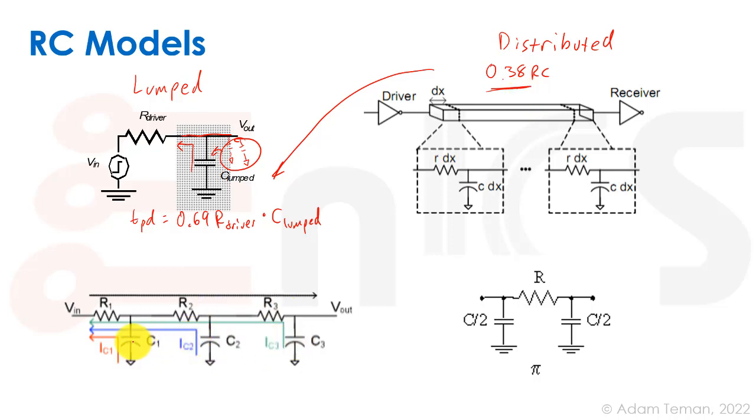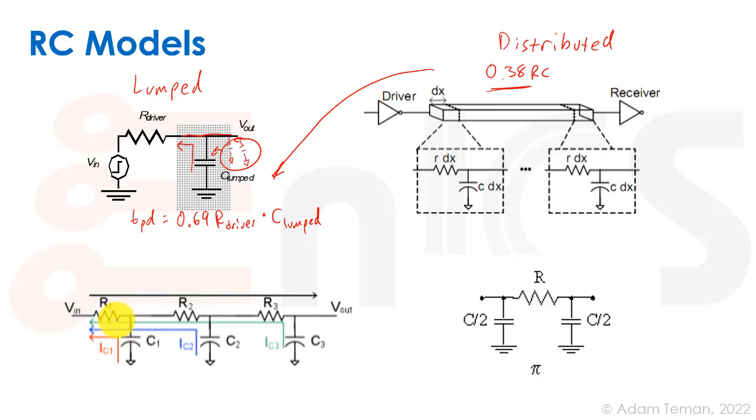The Elmore model. There we take each of the pieces of capacitors where we break down our line into several R and C pieces, and they can be any number that we choose. And we see that we have the C times the R that the current goes through, plus the next C times all the R that the current goes through, plus the next C times all the R that the current goes through.